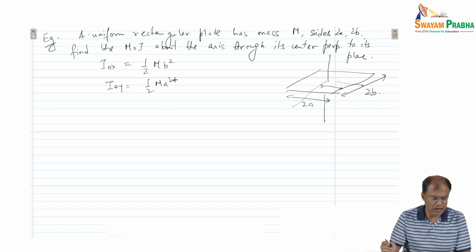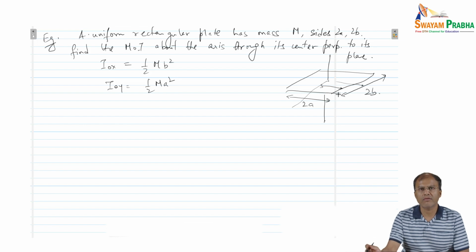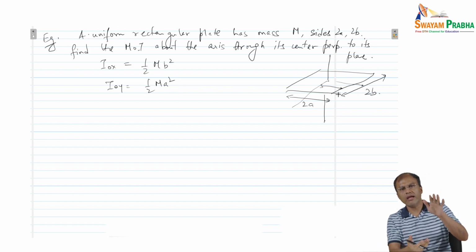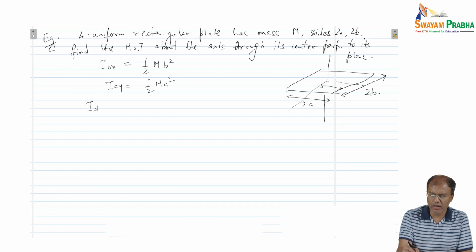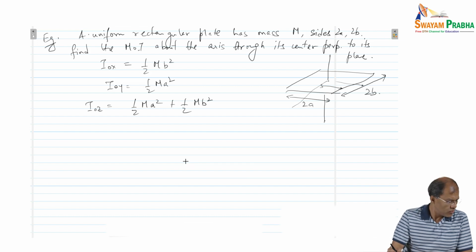We can use the same trick as before to find the relation between the moment of inertia of the plate and the rod. And then using perpendicular axis theorem, the final answer is half ma square plus half mb square, right? So that is what we have for OZ.